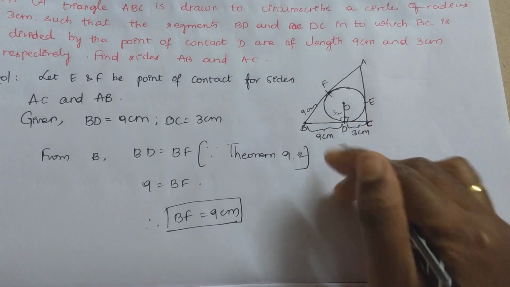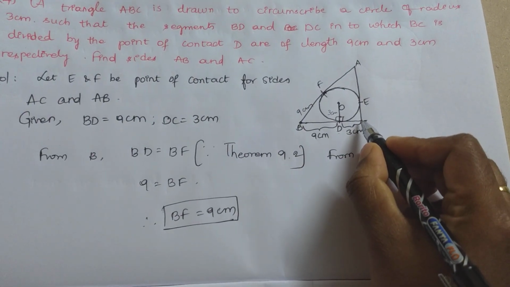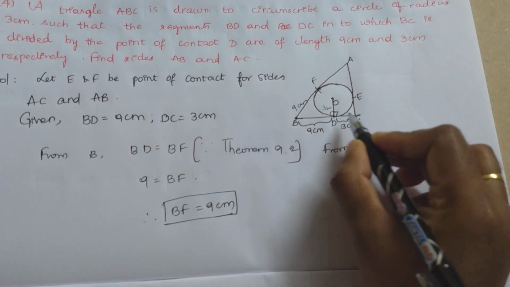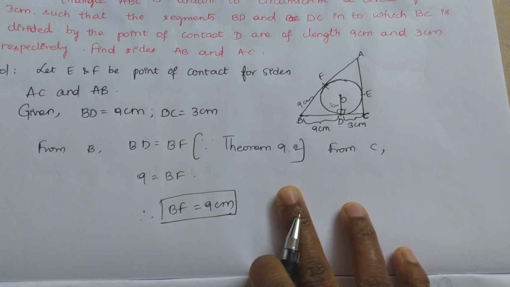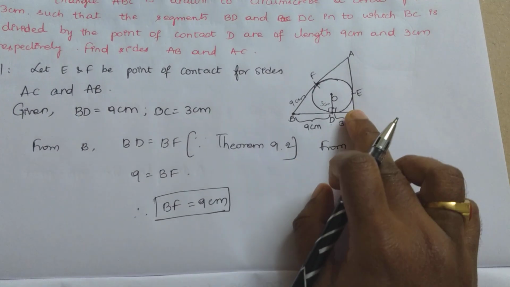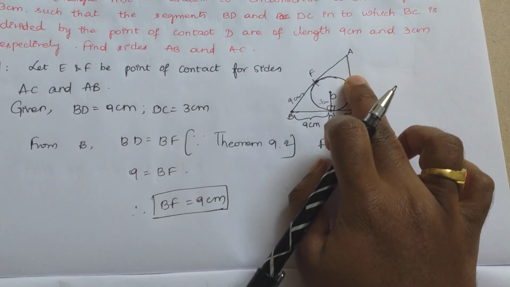The same way from C, what can we write when you consider this as an external point? CD and CE are the tangents to the given circle. So, as per theorem 9.2, the lengths of the tangents drawn from an external point to the circle are equal.